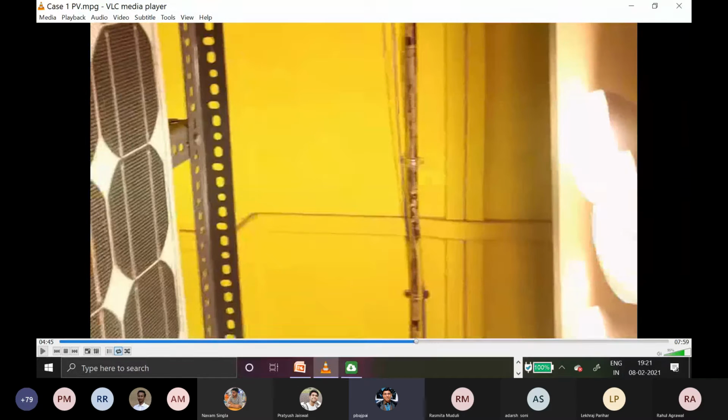Now middle two rows, 4 plus 4, 8 lamps are on. So we will do the same process with this arrangement.